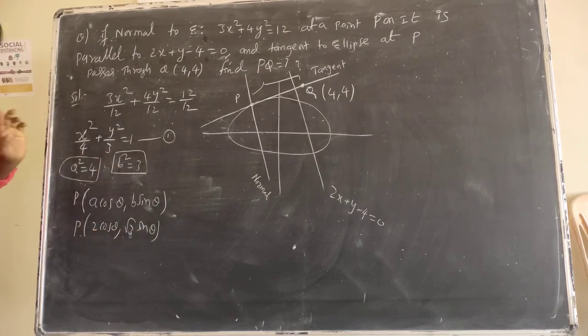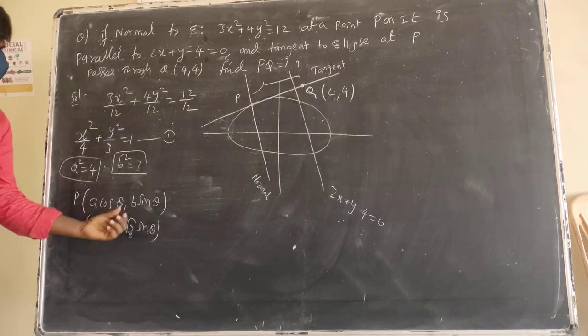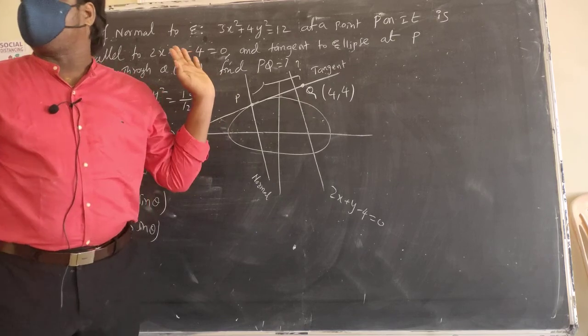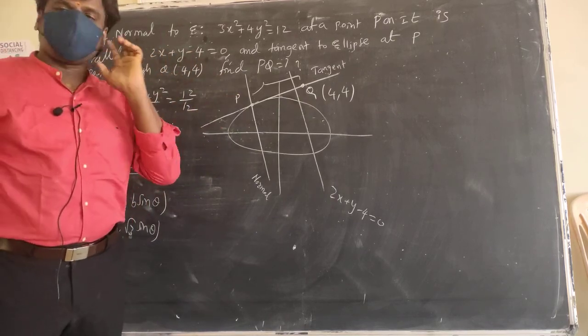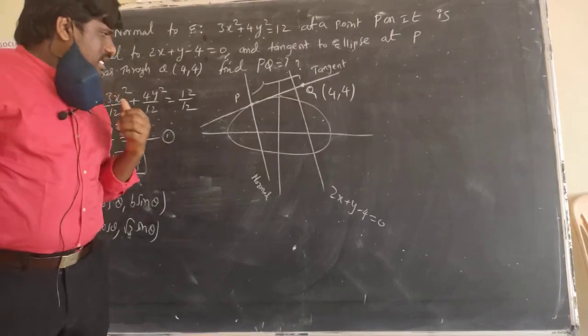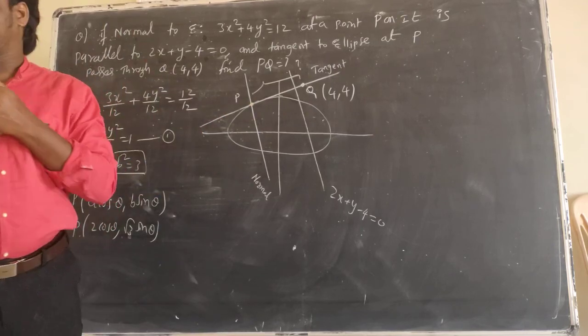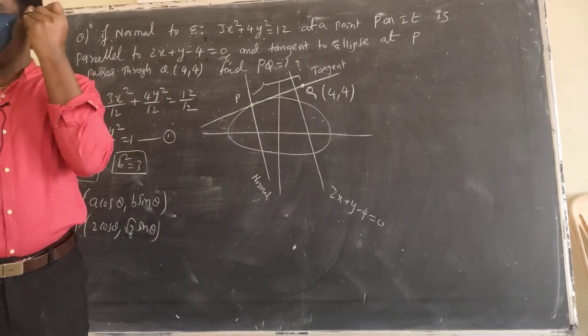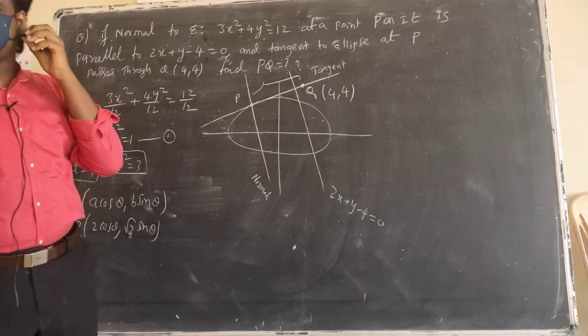This is a parametric point on this ellipse. If I find theta, then I can find the distance between P and Q. I need to find the point P. That is my intention.